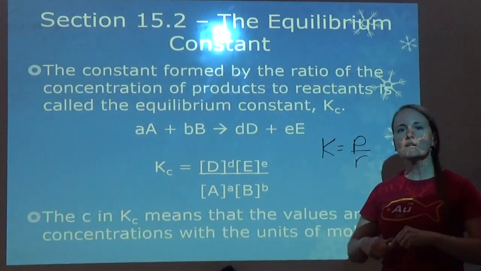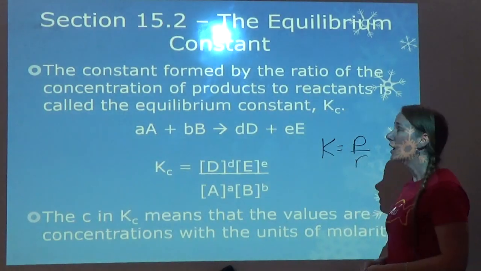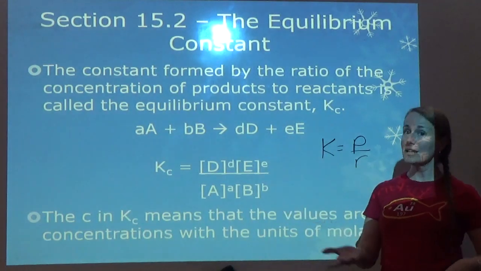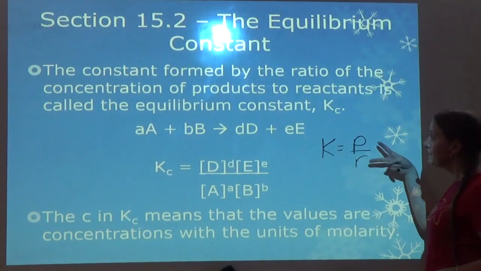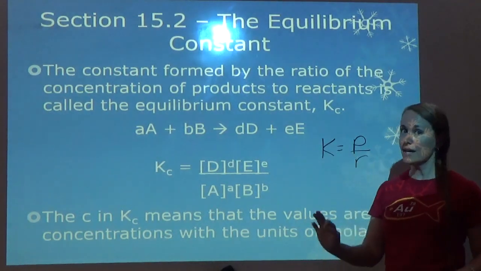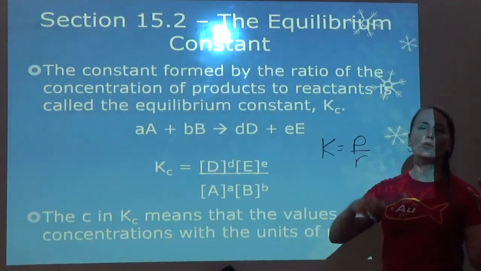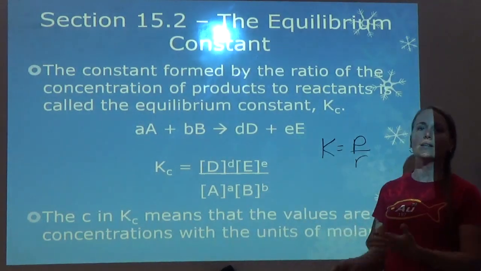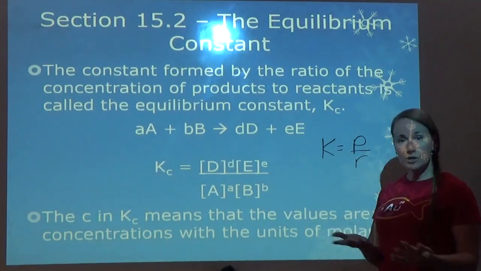Okay, because a lot of the questions on the AP exam are actually conceptual questions. Even though we'll do a lot of math in my lesson videos, a lot of them are conceptual questions. And so it's always easiest in your mind to think, okay, any K is products over reactants. So if you need to change K or figure out what's going to happen with K, you can always remember that. It's a little more specific than that though.